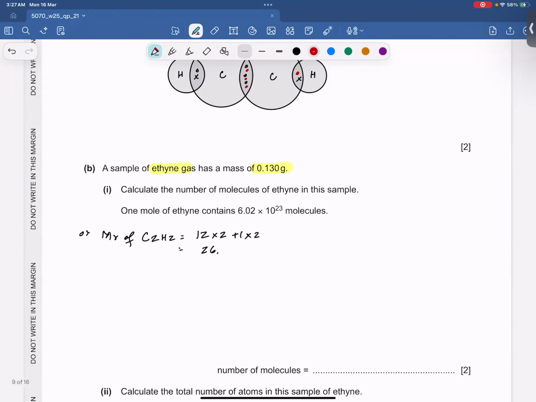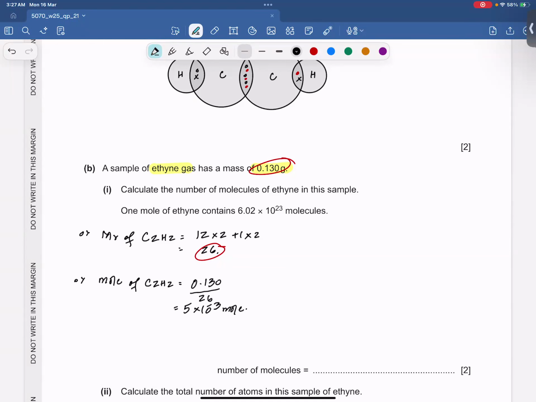Now, if we know the mass and if we know the Mr, I can find the moles. So 0.130 divided by 26 is going to be 5 into 10 to the power minus 3 moles.